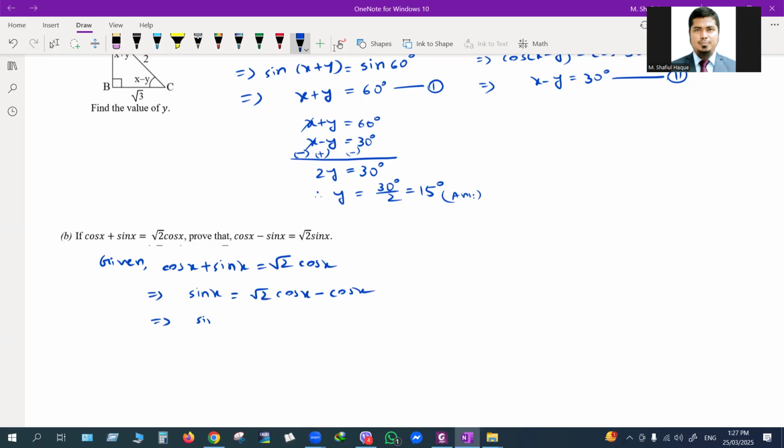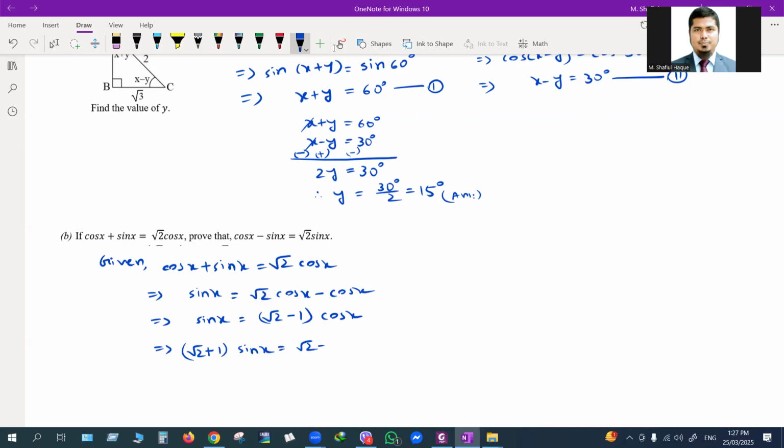Then we will take cos x common. So root 2 from the first term, and from the second term it will be minus 1. Then we need to bring root 2 with sin x. That's why we will multiply by root 2 plus 1 on both sides.